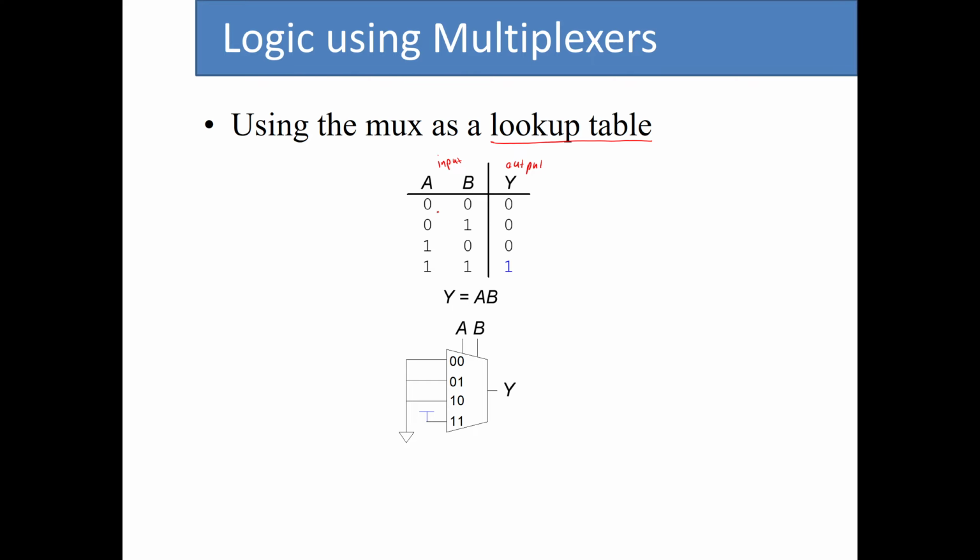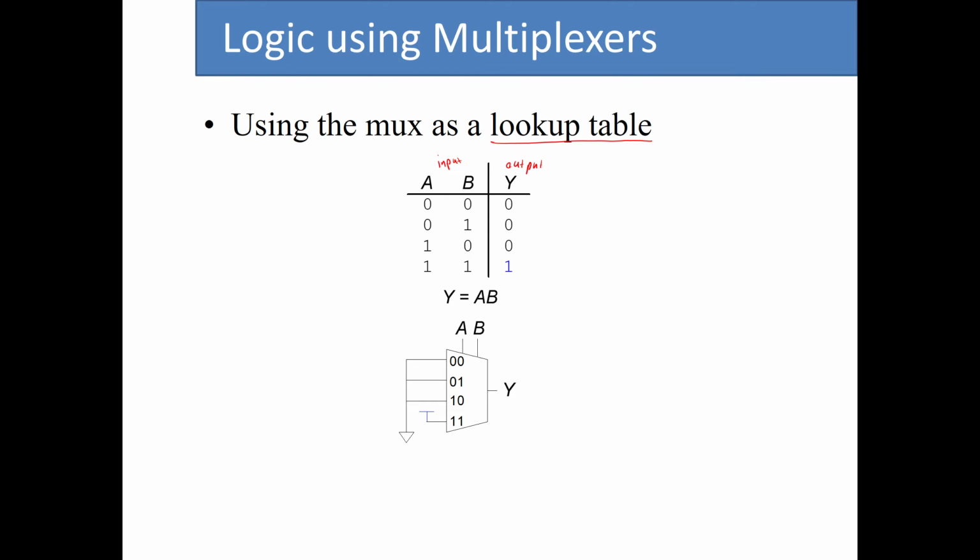Since we have two inputs, there are four possible combinations that we can have: 0, 0, 0, 1, 1, 0, 1, 1. And for the output, for this random function, Y is 1 when both of them are 1. You remember from before that this means the function is an AND function, right?